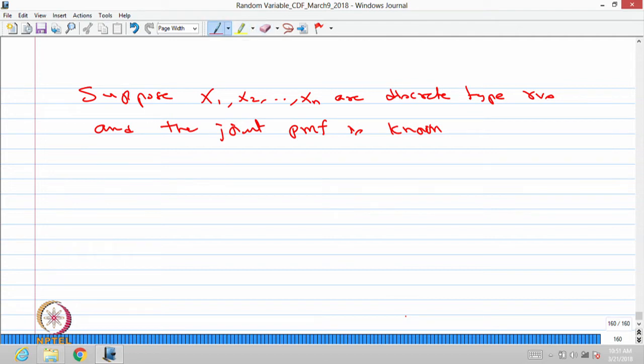Since we know the joint probability mass function of the xi's, you can directly write down the probability mass function of y1, y2 and yk jointly.